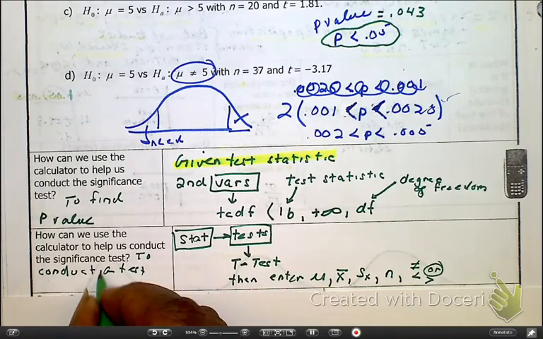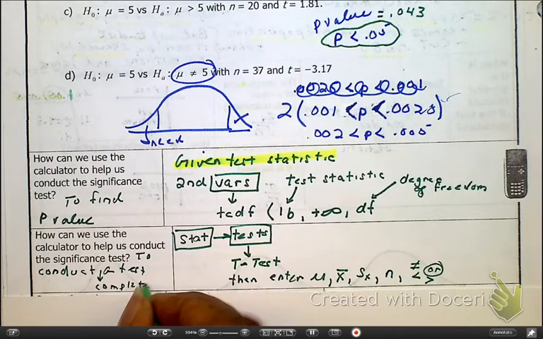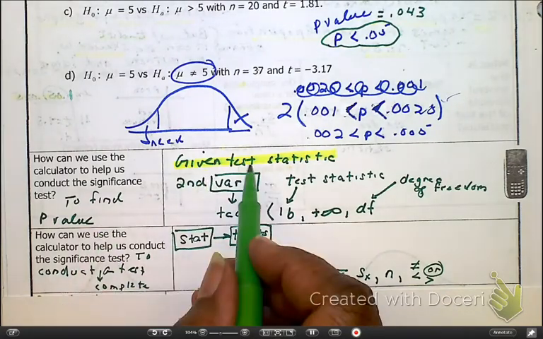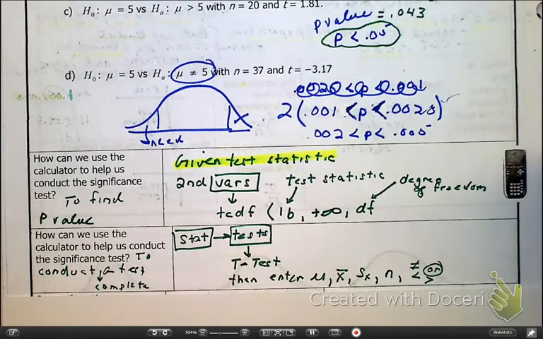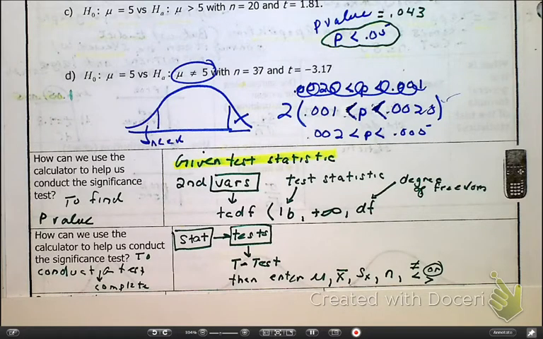To conduct a complete test, because the previous one was to find the p-value given the test statistic. Here is when we have a complete one. So go ahead and write that down. We're going to end up doing this all together tomorrow when we do number, I want to say 72, but I might be off on that number.